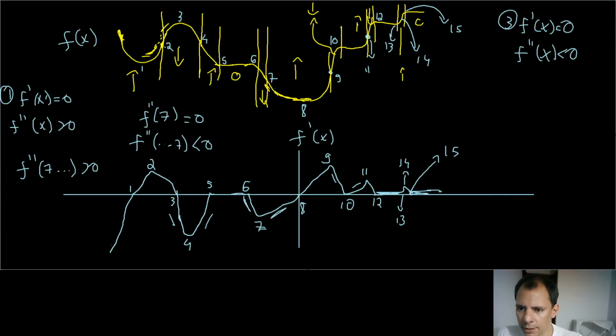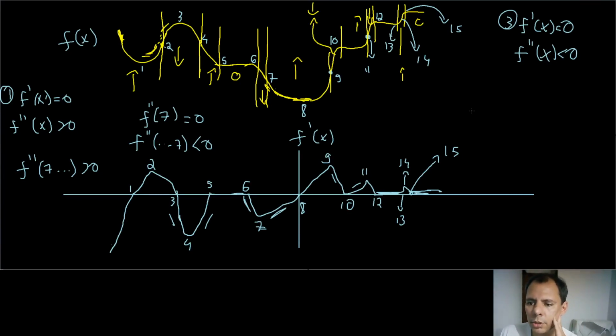Now from 13, what is 13? 13 is a place where the first derivative is 0. Okay, to the left is 0, and to the right it's positive. To the left is 0 here, and to the right is positive here. So 13 is not a maximum.